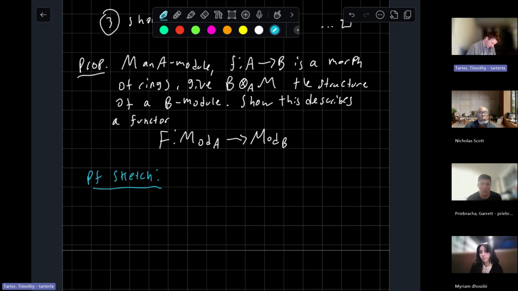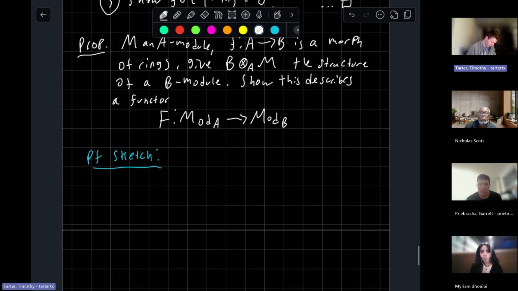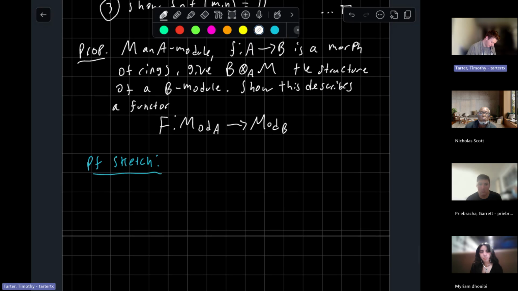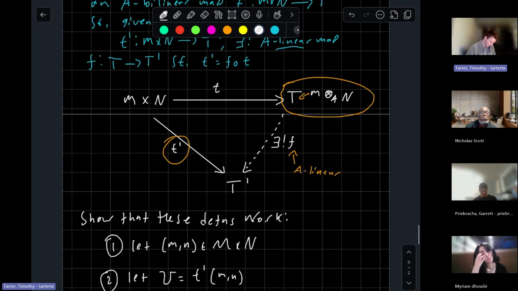So we have A to B as a morphism of rings. We have B is a ring tensor producted with M. Well, B tensor producted with M satisfies the universal diagram.